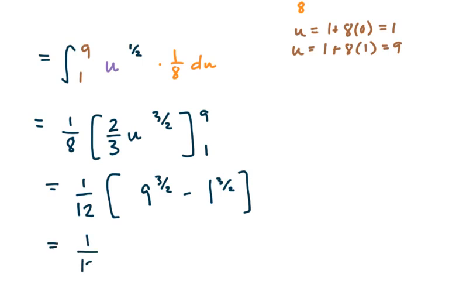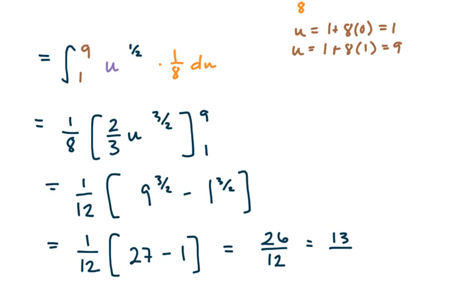So I have 1/12, and then I have 27 minus 1, or 26. So this is equal to 26 over 12. I can cut both of those in half, and that gives me 13/6. That is the length of my curve between 0 and 1.